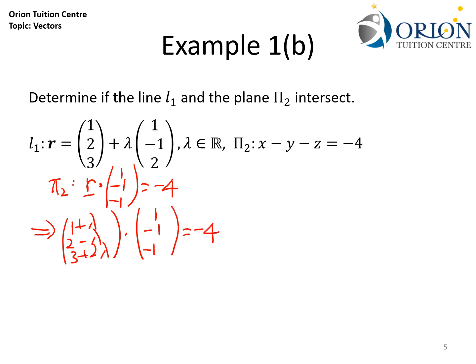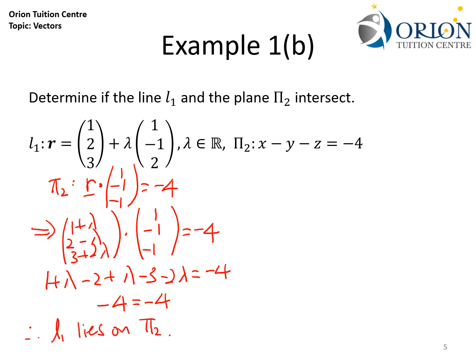And if I expand, I will get 1 plus lambda minus 2 plus lambda minus 3 minus 2 lambda equals -4. And on simplifying, the left hand side becomes -4 and the right hand side remains at -4. Now this tells us that there are an infinite number of solutions, and therefore L1 lies on the plane pi2.